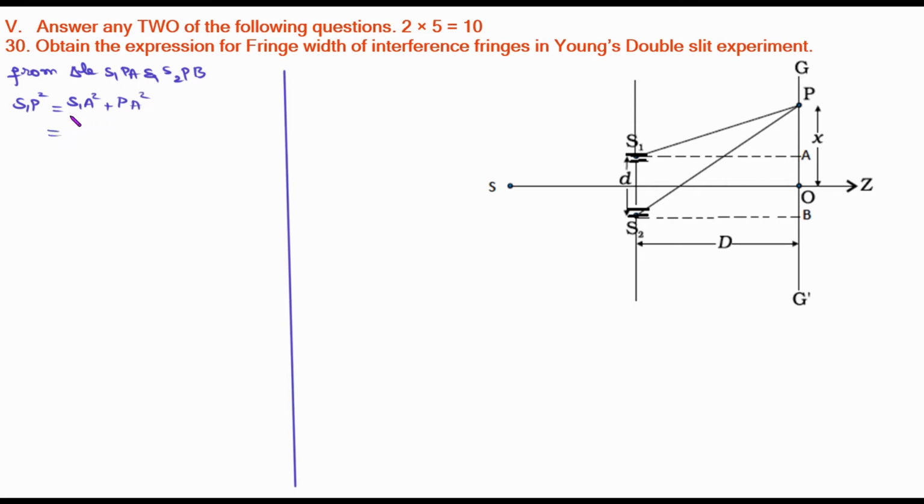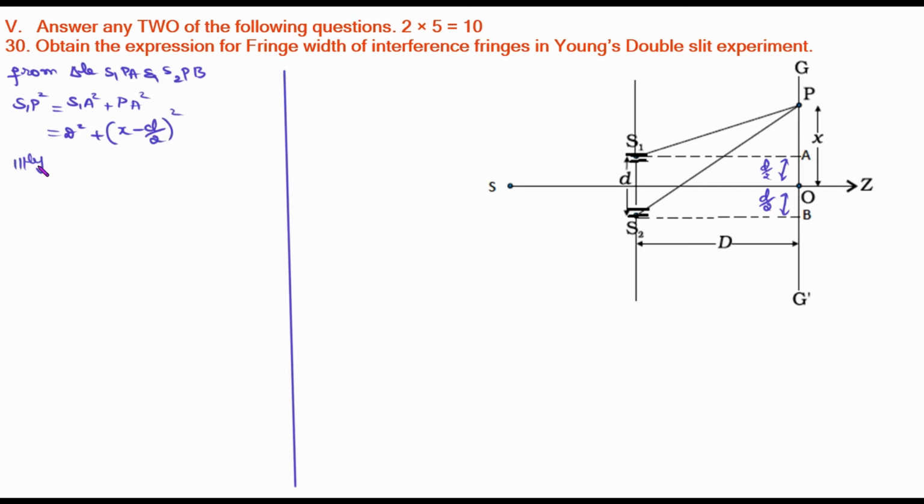In place of S1A, the distance is D, so D square plus, from here to here it is x, and this is d by 2 and this one is also d by 2. So x minus d by 2 whole square.